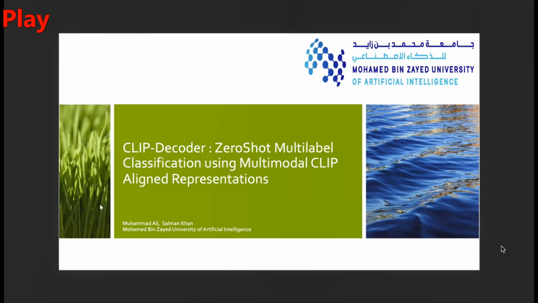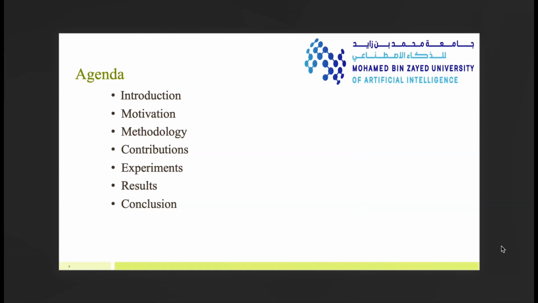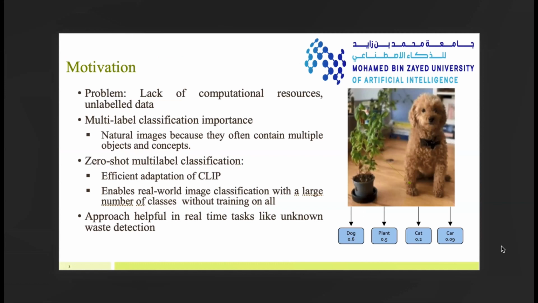I worked along with my supervisor, Dr. Salman Khan. This is the agenda of today's talk. Zero-shot classification is a very interesting area which tries to predict the labels of images which the model doesn't see while it is being trained.